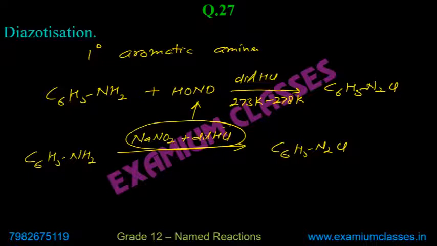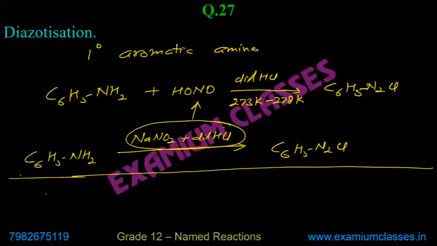Now, why I have written here as HONO, the reason is if you compare it with the reaction of aliphatic amine with HNO2, this is not diazotization, what I am going to discuss. I'm just comparing it. So in that case, suppose it is CH3CH2NH2, primary amine, and we react it with the same reagent. Either you write NaNO2 plus dilute HCl or you just write HONO.